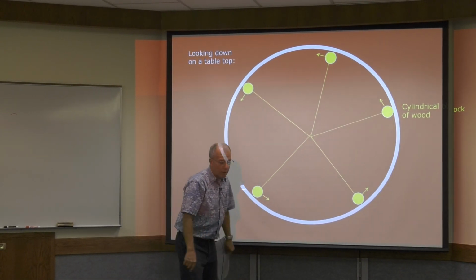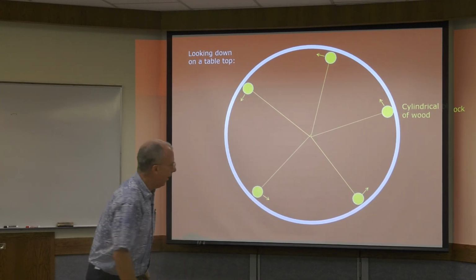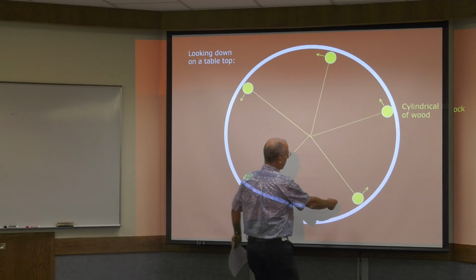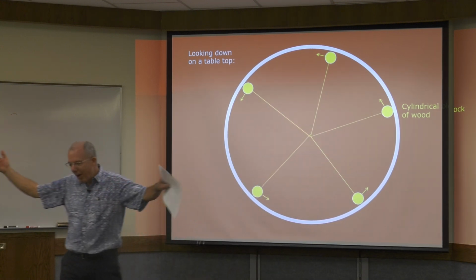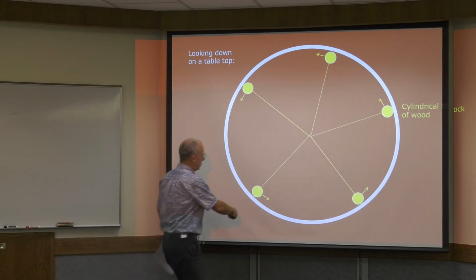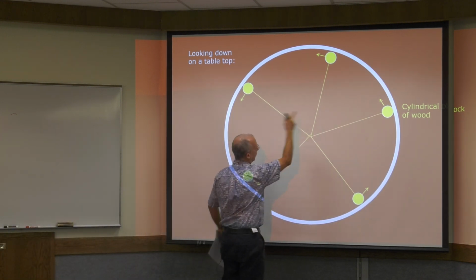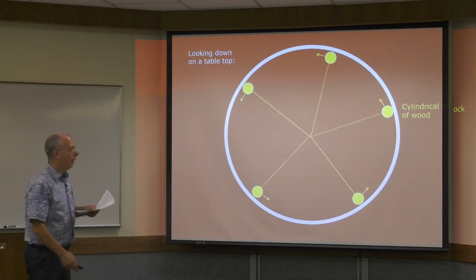I take that string and go like that, and the wood goes around the circle. You're looking down on a tabletop and seeing this piece of wood go around and around, and we're going to ignore friction, of course.